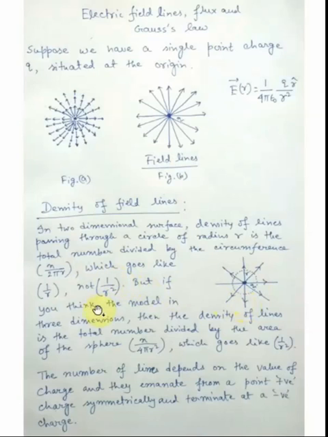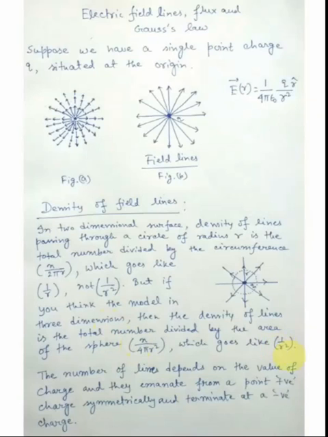So it goes like 1 by r, not 1 by r square. But if you think of the model in 3 dimensions, then the density of lines is the total number divided by the area of the sphere. So that is n by 4 pi r square. So it goes like 1 by r square, right?